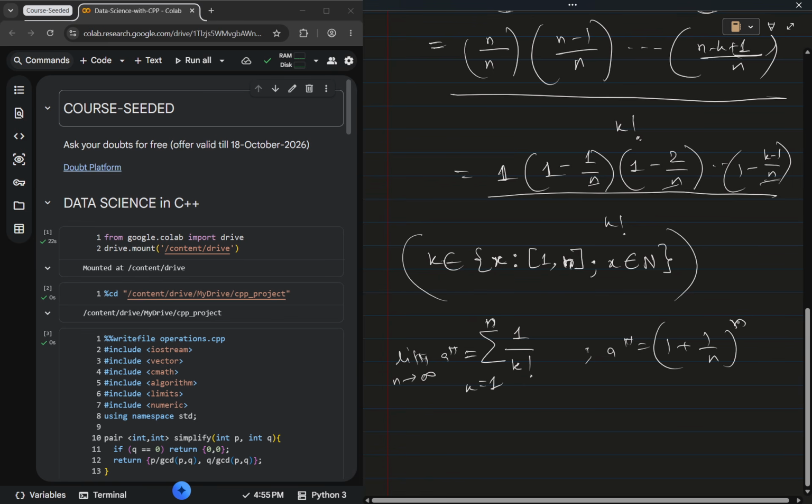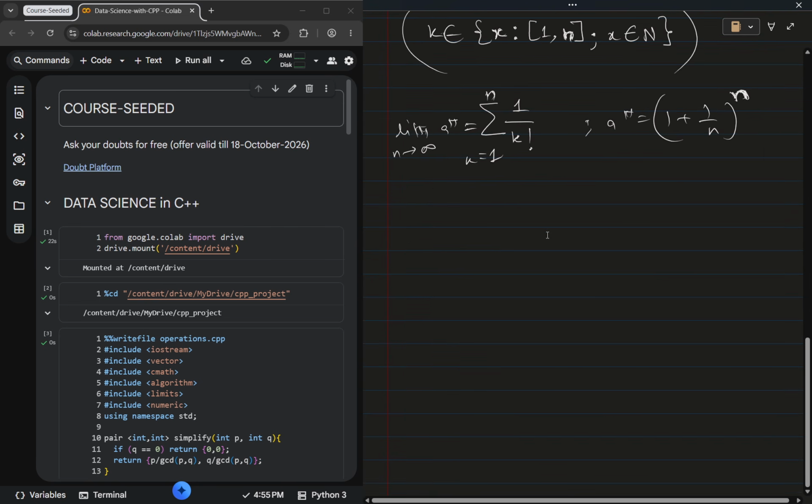So you finally got this exponential equation. This was basically your E, if you remember that. We gave this a name, which was E. So this is a named irrational number.